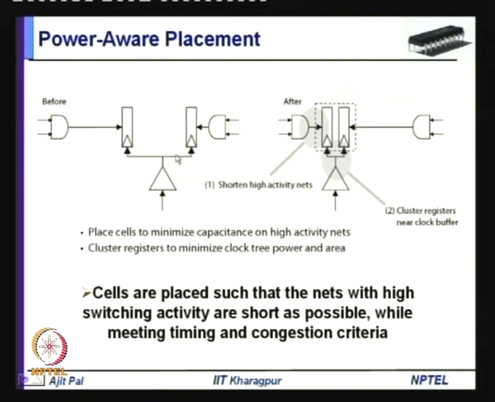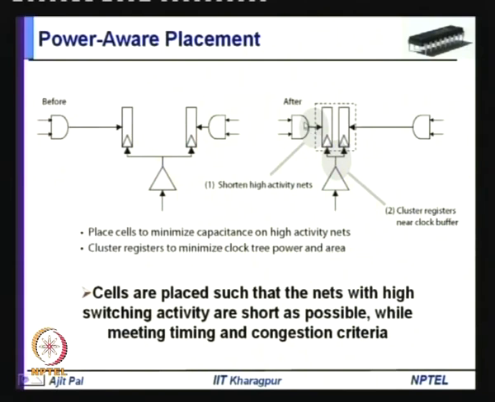Similarly, here is a clock buffer and this buffer is driving several registers. It is essential to cluster them together and place them close to each other, such that the capacitance that is driven by the buffer is minimized.